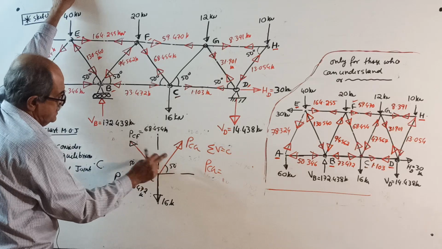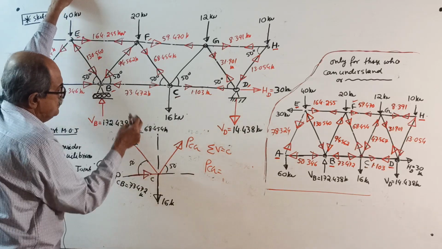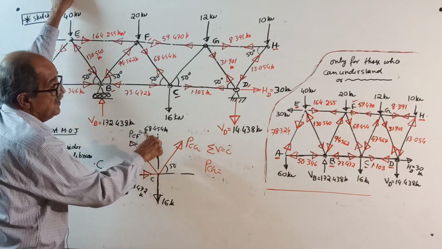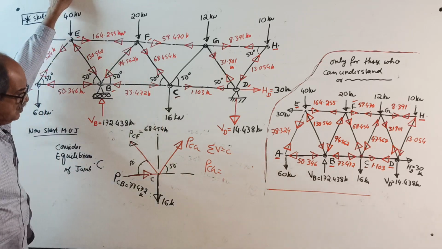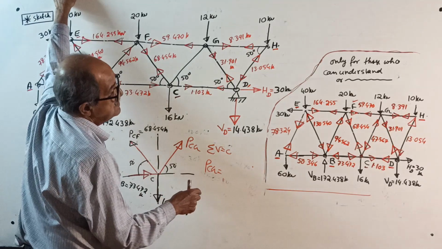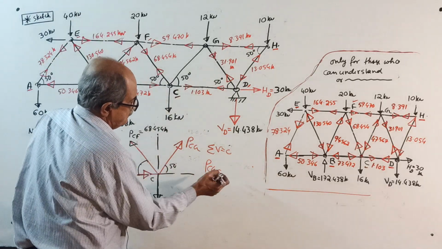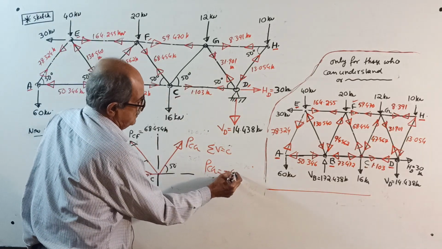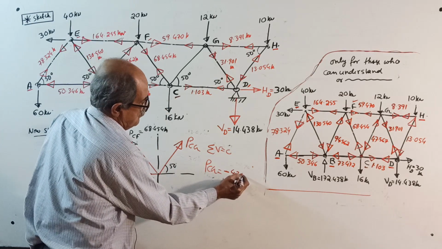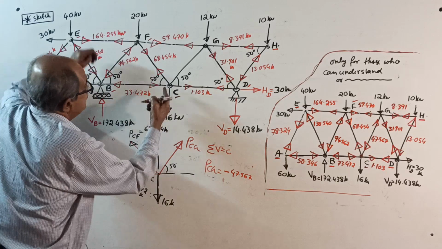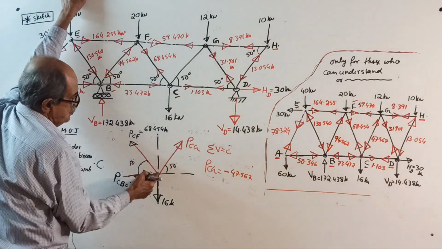Plus PCG sin 50 plus 68.454 sin 50 minus 16 equal to 0, your PCG will come minus 47.567. Minus we got, we took this way.